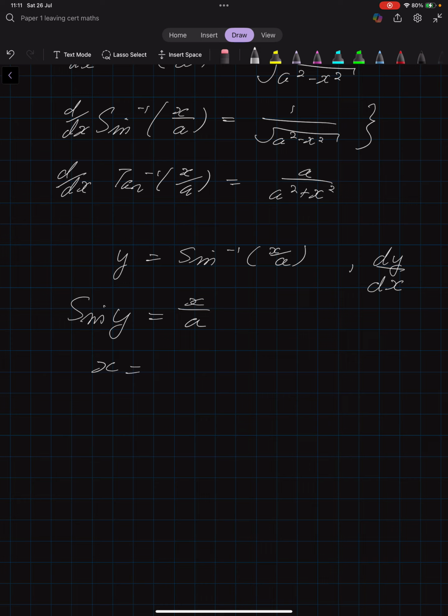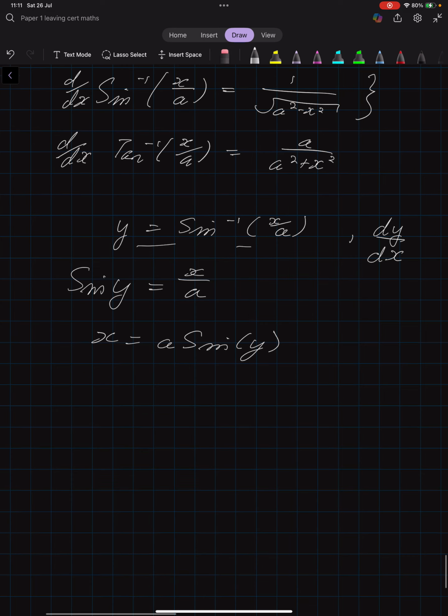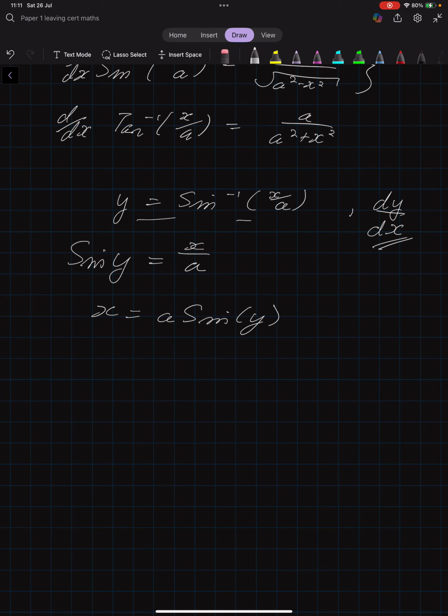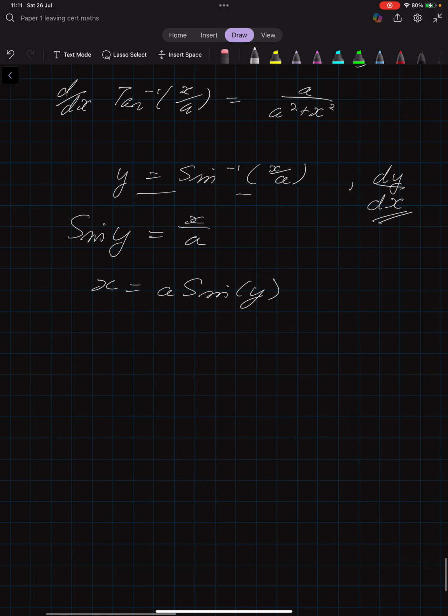So x is equal to a sine y. So you just undo this. Multiply both sides by a, I get x equals a sine y. Great. Because I'm looking for dy dx, but I can simply calculate dx dy. Dx dy is simply a. If I differentiate sine y, what do I get? Cos y. Okay.